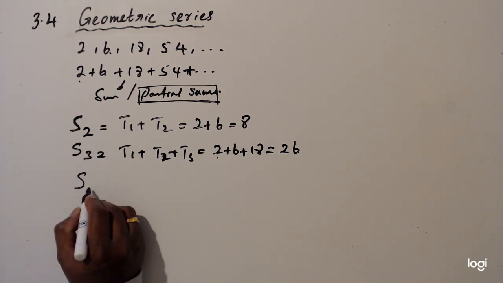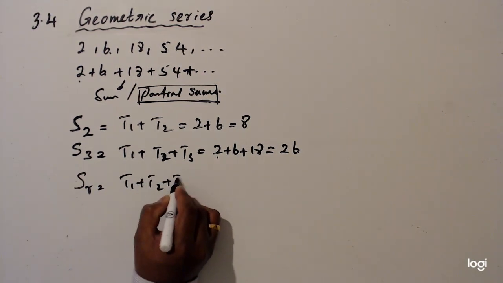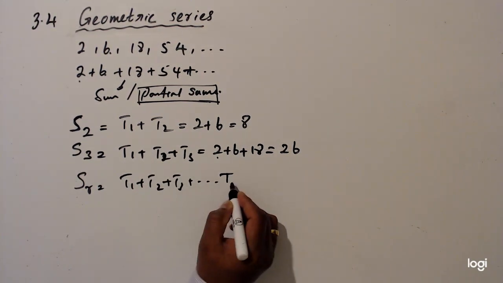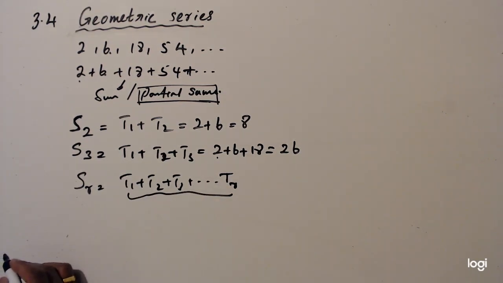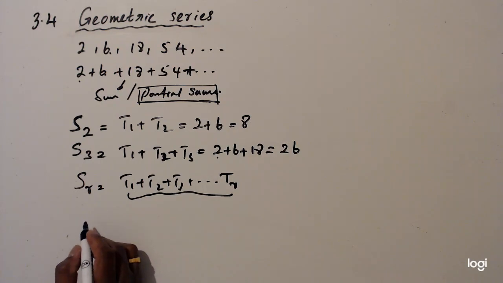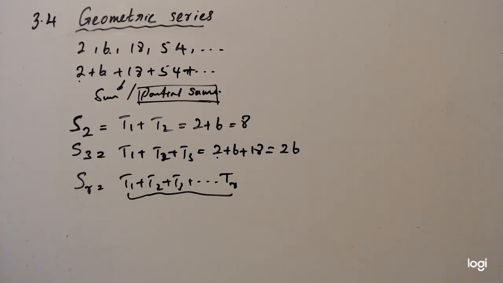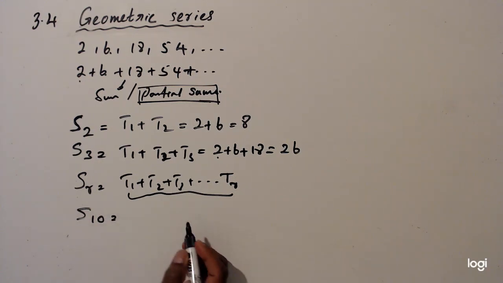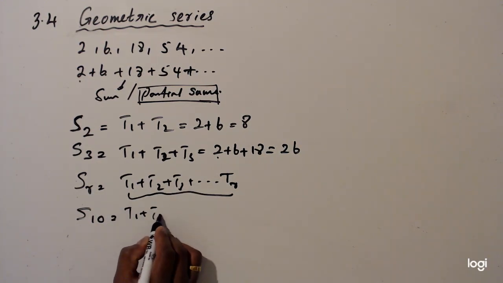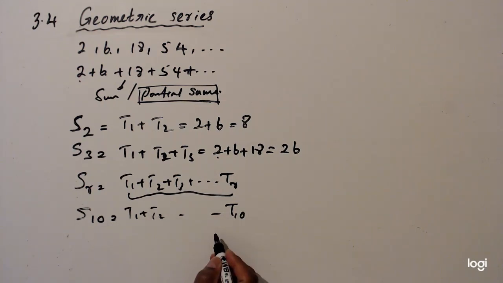So if it is S_r, it is T1 plus T2 plus T3 plus dot dot dot up to r terms, the addition of r terms. Now if I ask how to find S10, then you know that it is T1 plus T2 up to T10. You have to add 10 terms.